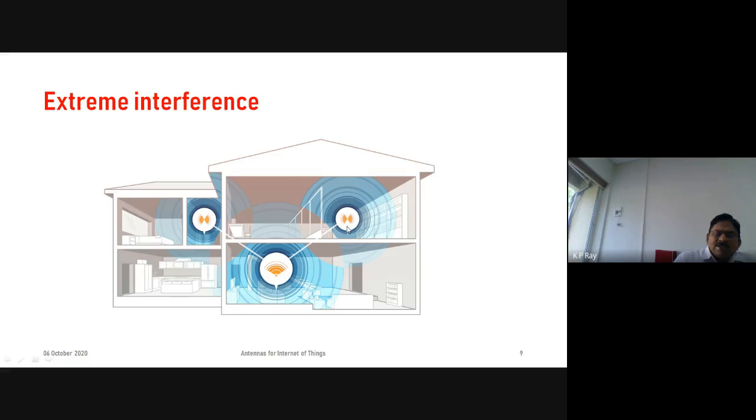You have to see to it that the functionality of the various electronic gadgets works satisfactorily even in the presence of extreme interfering signals. So in designing the antenna, at the same time you cannot have a big phased array antenna. You cannot. So with the smallest antenna, you should be able to cope with these extreme interfering environments.